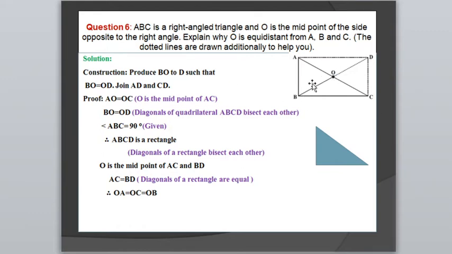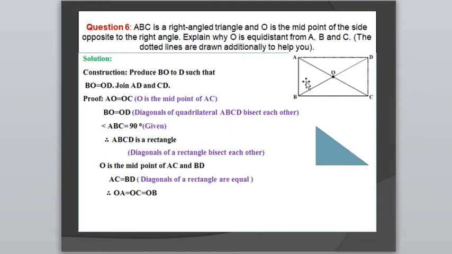Now BO is equal to OD. Why? Because the diagonals of the quadrilateral ABCD bisect each other. Here these are the two diagonals and they are bisecting each other, so OB is equal to OD, which means they are both at equal distance.